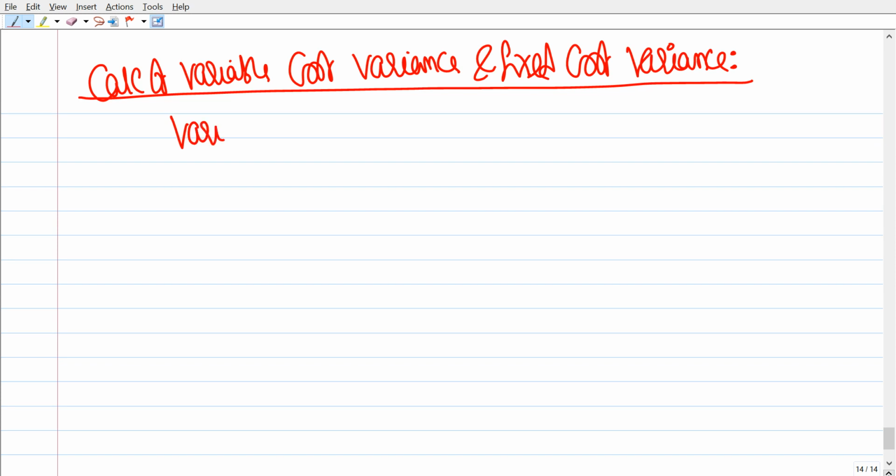Variable cost variance equals standard variable cost minus actual variable cost.